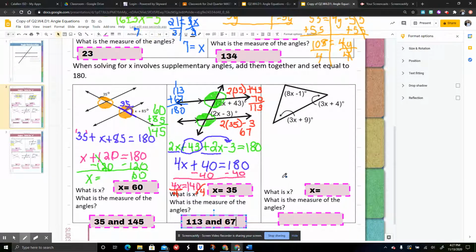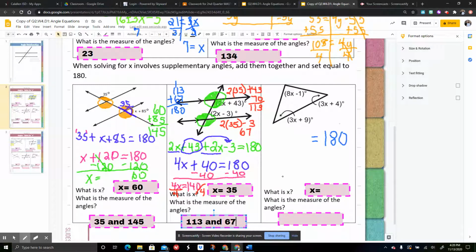The last example is a triangle, and we know that the interior angles of a triangle all add up to 180. So we would take literally every one of these angles, add them all up, and then that equals 180. I'm going to do that a little differently than what you've seen because it helps me organize.